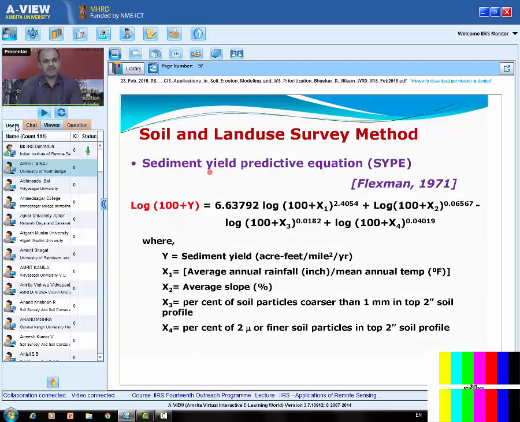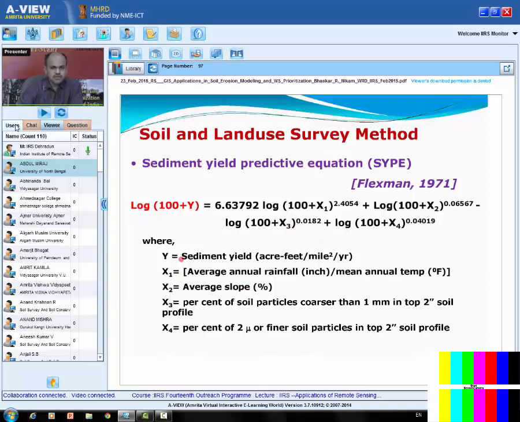Other techniques could be in quantifying the soil erosion: soil and land use survey method, or a sediment yield predictive model. So you can predict sediment yield based on the factors on which the sediment yield in your watershed depends.